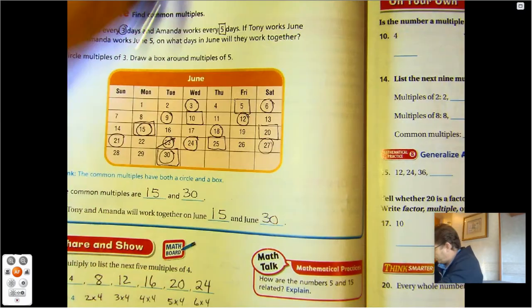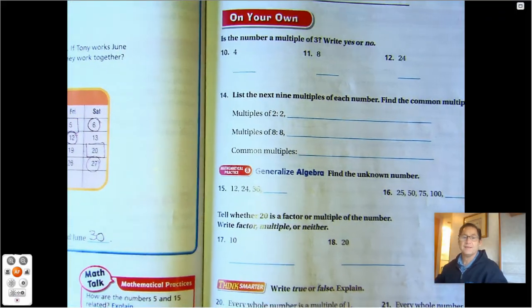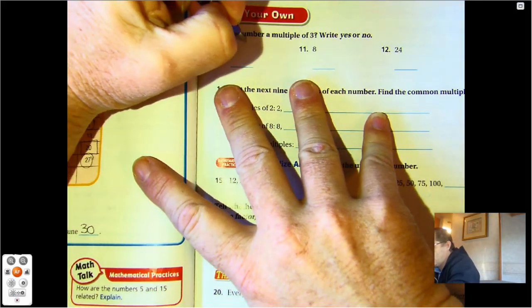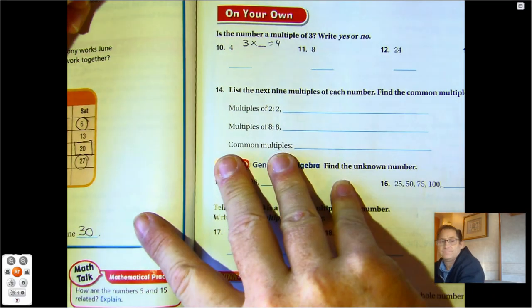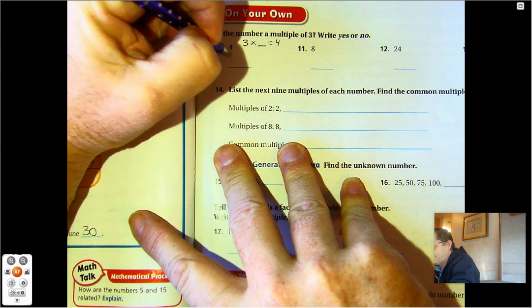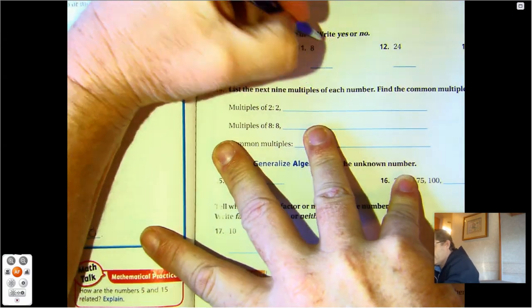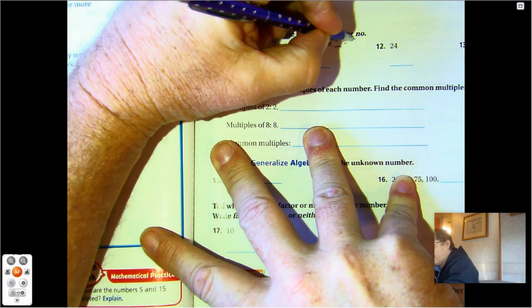All right, number 10, page 217. Is the number a multiple of 3? Okay, so 3 times something equals 4. No. 3 times something equal 8?